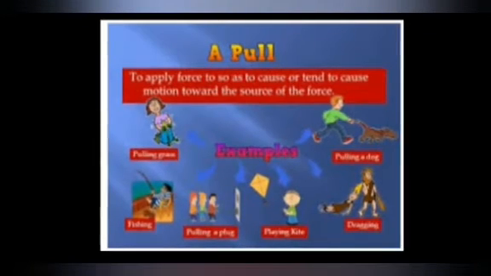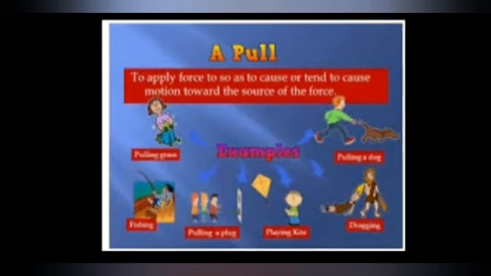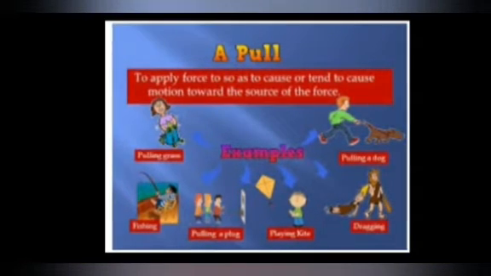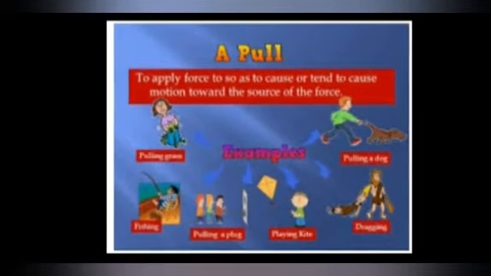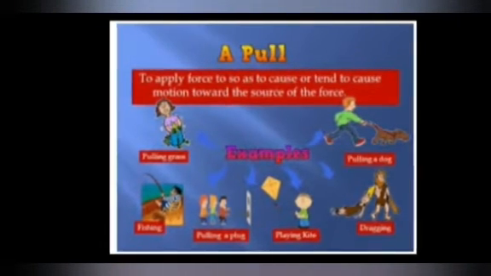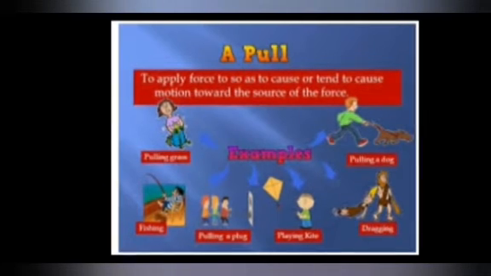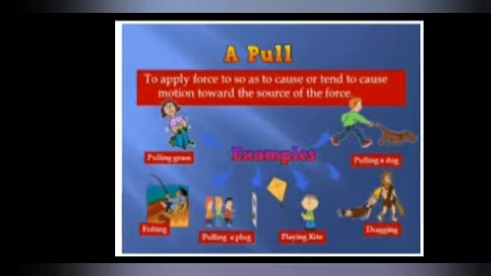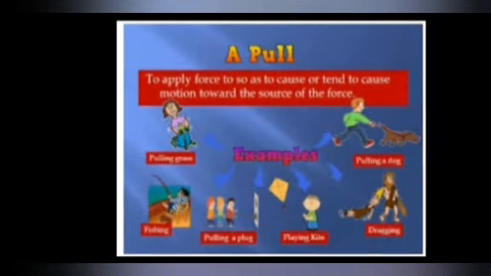So a force has one or more of the following effects on objects. It can cause an object to move, it can stop a moving object, it can change the speed of a moving object, and it can change the direction of a moving object. It can also change the shape of an object.